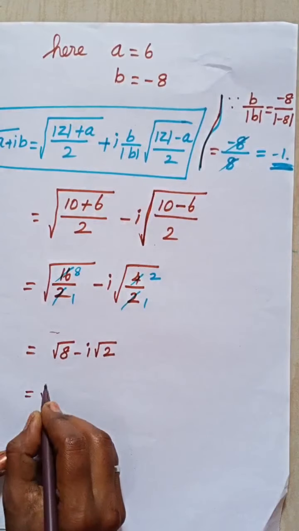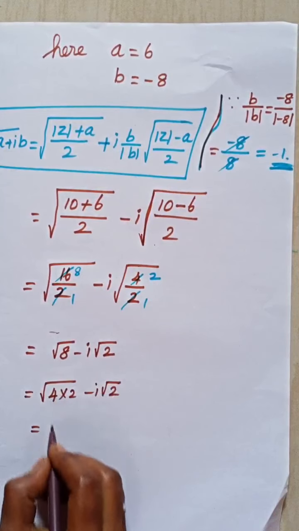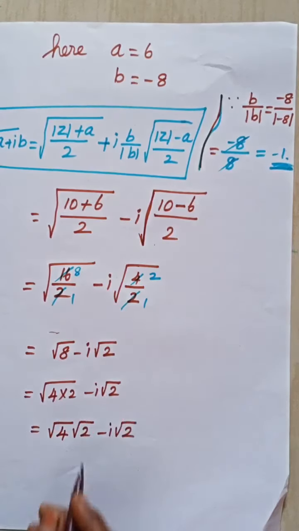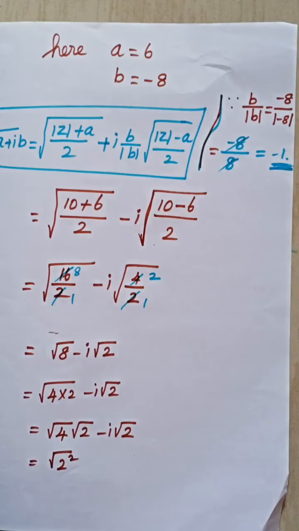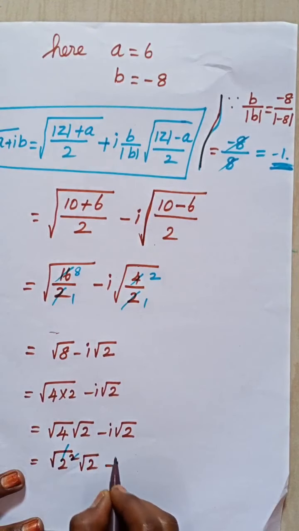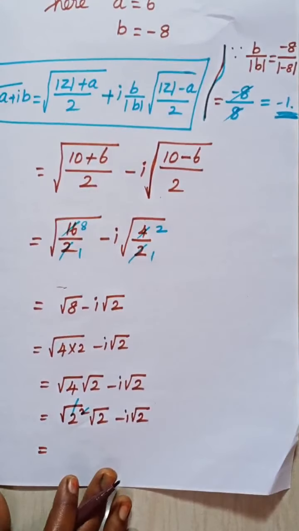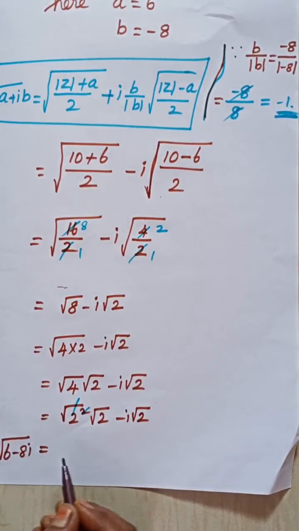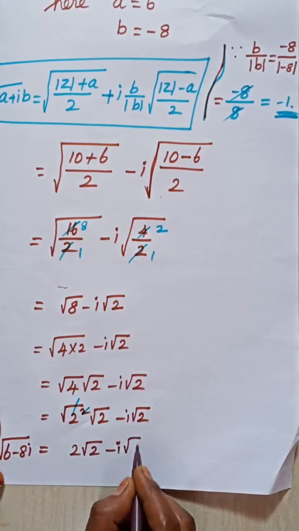Square root of 8 can be written as square root of 4 into 2 minus i root 2. It is square root of 4 into square root of 2 minus i root 2. Square root of 4 is 2, so we get 2 root 2 minus i root 2. So the square root of 6 minus 8i is nothing but 2 root 2 minus i root 2.